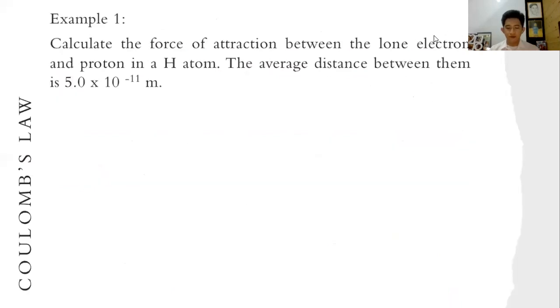Let's have this example number 1. Calculate the force of attraction between the lone electron and proton in a hydrogen atom. The average distance between these two particles is 5.0 times 10 raised to negative 11 meter. Let's have the given.